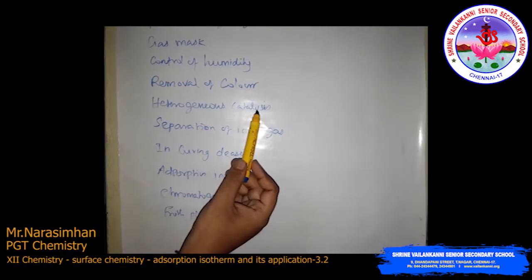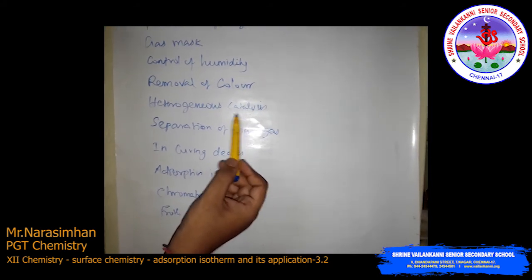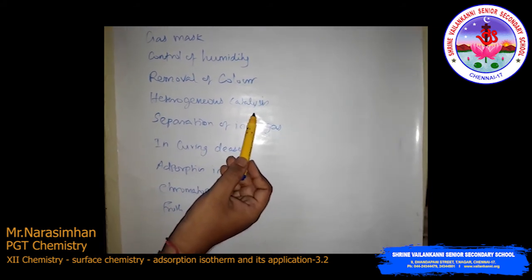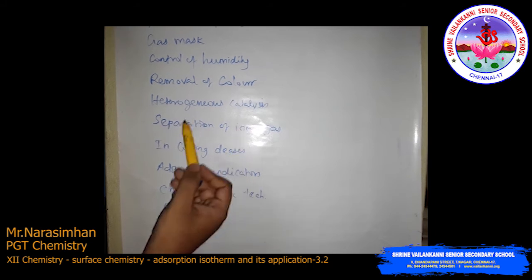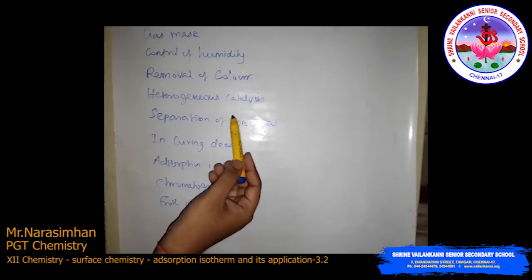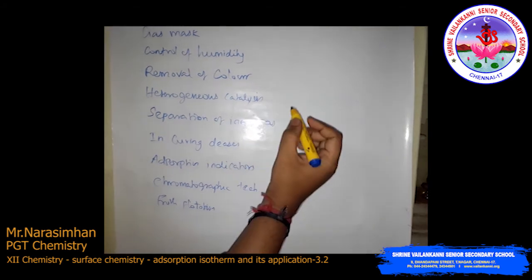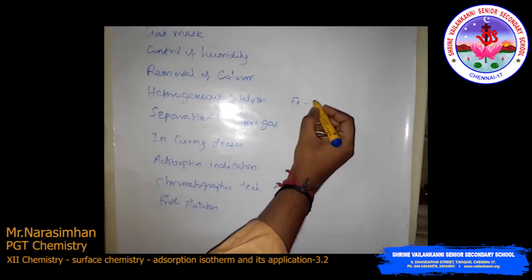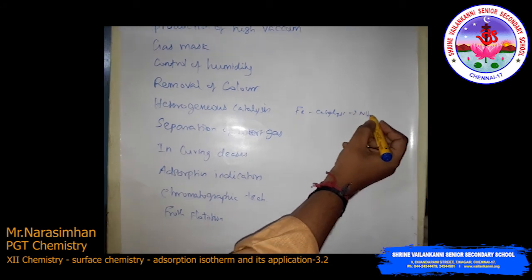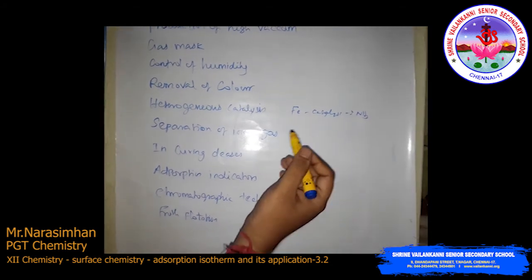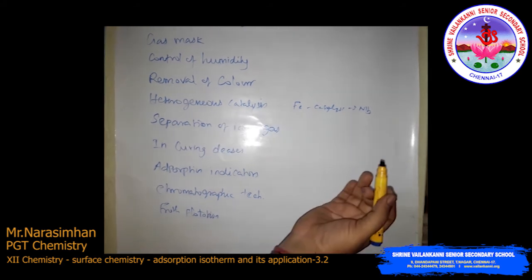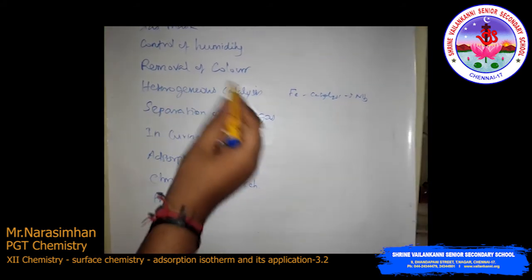For example, the reactant on a solid surface and the catalyst increases the rate of reaction. Many gaseous reactions, such as the manufacture of ammonia, use an iron catalyst. Then the contact process for sulfuric acid uses a catalyst. So these are heterogeneous catalysts.